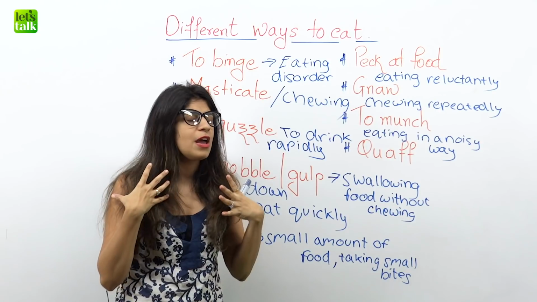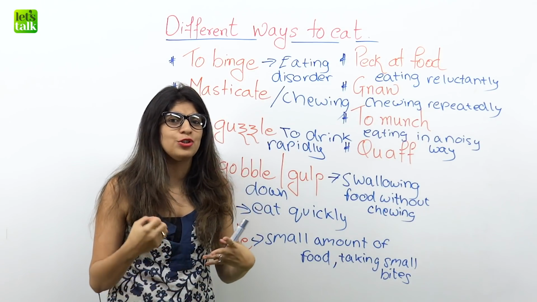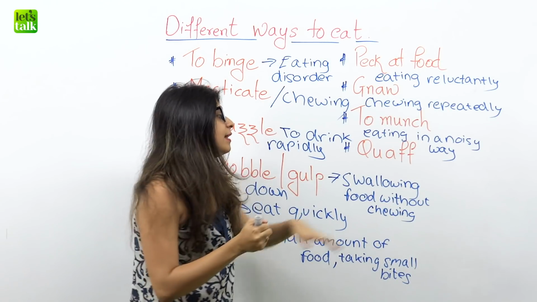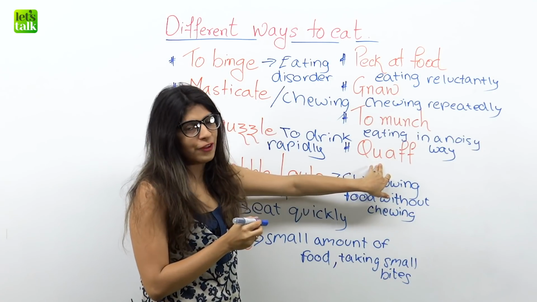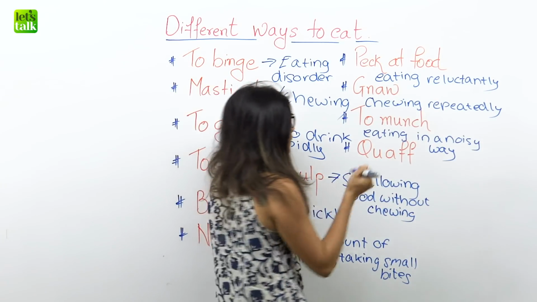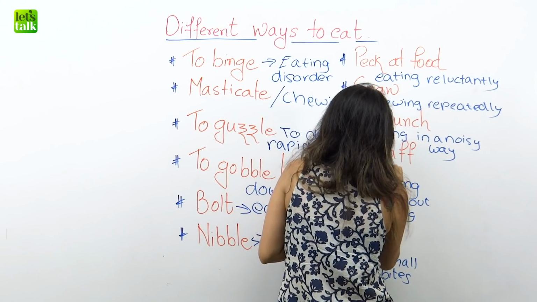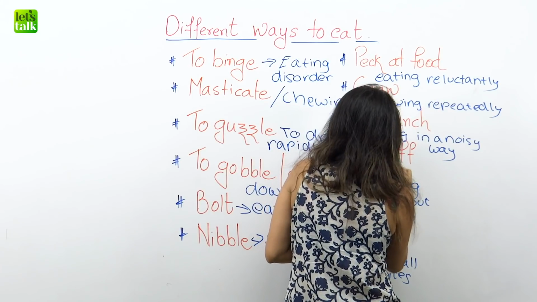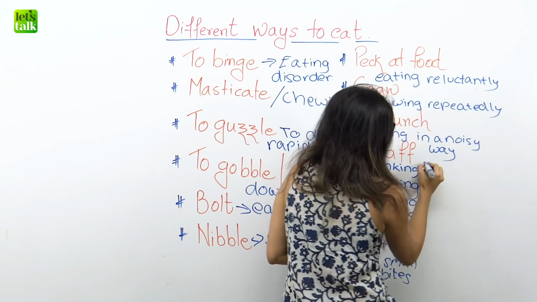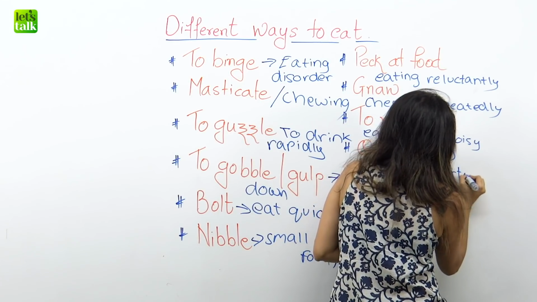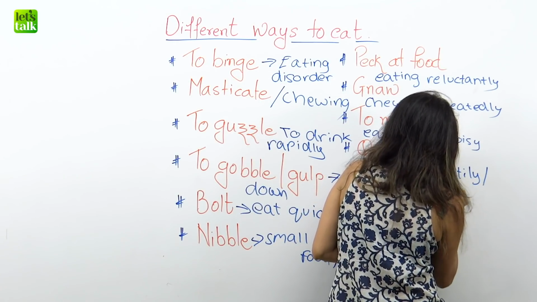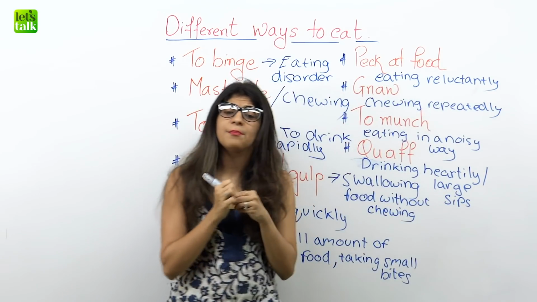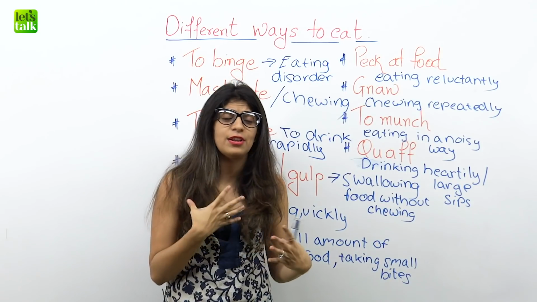So when you are in a very happy mood and you keep drinking and you take large sips, then that means that you're quaffing your drink, okay? Drinking heartily with large sips.